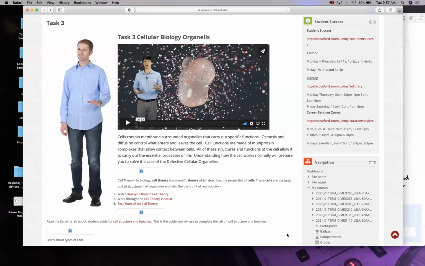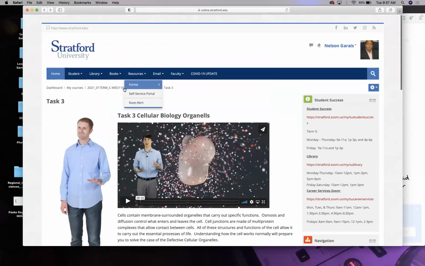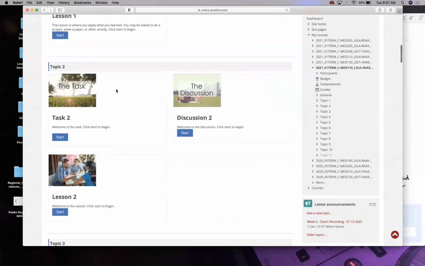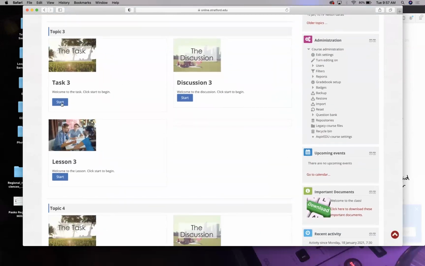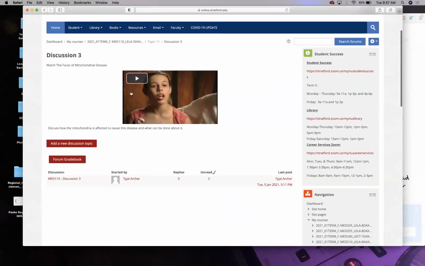So at this point of the show, before we leave this lecture, let's go over what we need. For this week, and for next week, of course, task 3, and that's your concept map, and also the discussion. Watch this video on mitochondrial disease, but you don't really have to watch a video on mitochondrial disease.